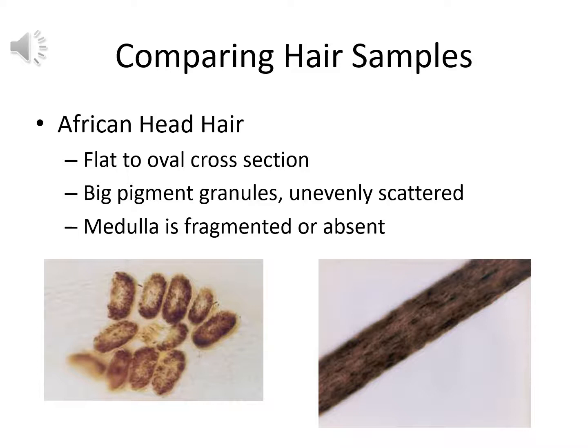The medulla is likely to either be fragmented or absent in these individuals. So these are the key features. Again, it's not necessarily true that you're going to find all these things. You're also likely to find a coarser hair. We didn't even mention that. But again, these are things you would expect if you're looking at a hair sample for someone of recent African descent.